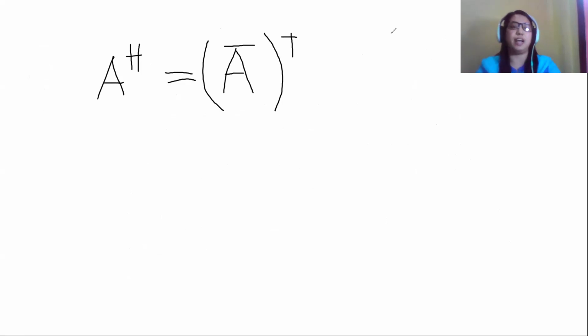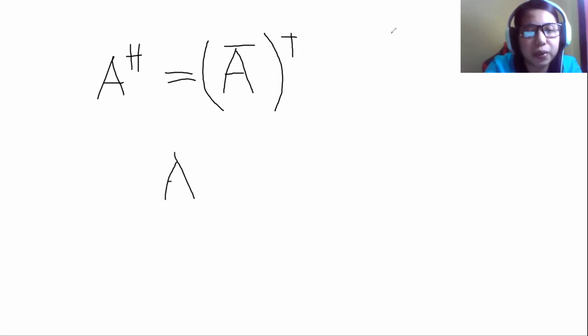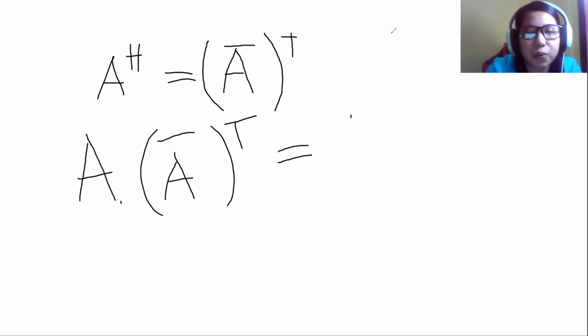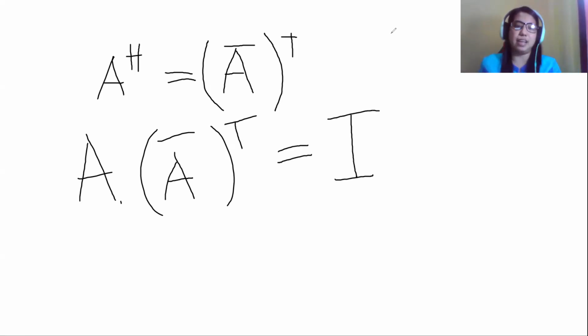Then, to determine if this is the identity, or if it results in its inverse, we are going to multiply this to our A. If this is the inverse, then it must be equal to the identity. So this is what we are going to do.